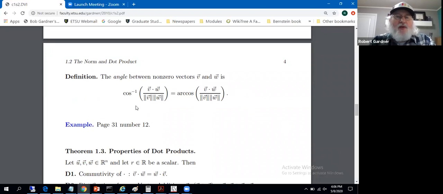One quick observation here, cosine inverse. What kind of angles come out of cosine inverse? I think it's probably angles between 0 and pi radians, or between 0 and 180 degrees. So keep that in mind. By our definition, we can't have an angle between two vectors, say, of negative 45 degrees. This will never be negative 45 degrees.